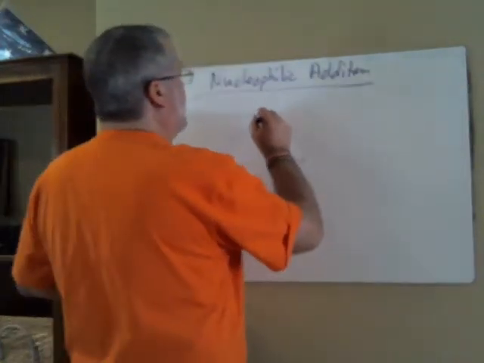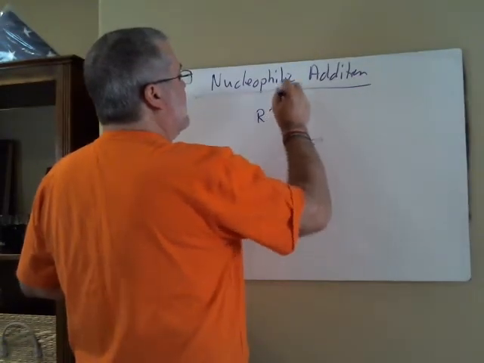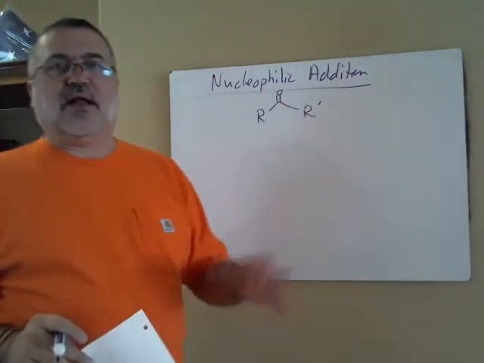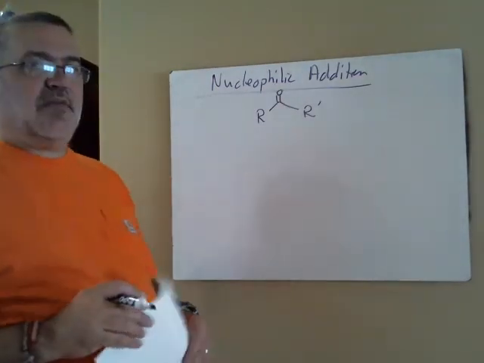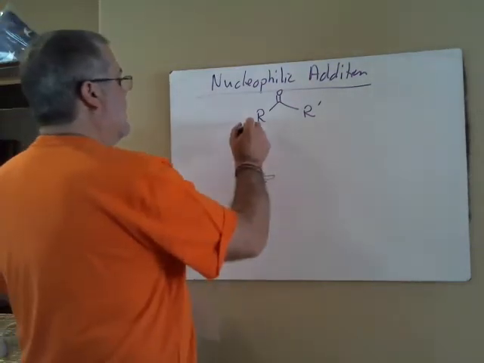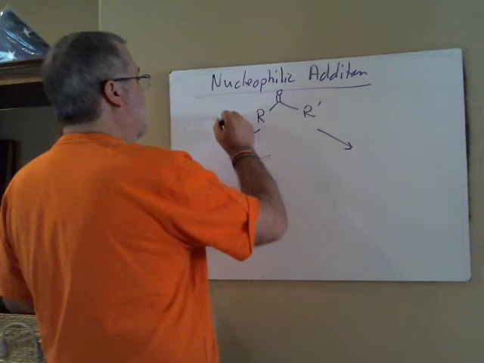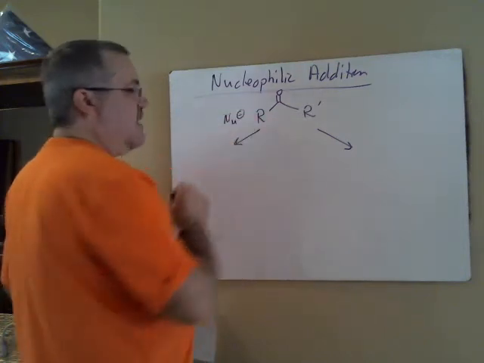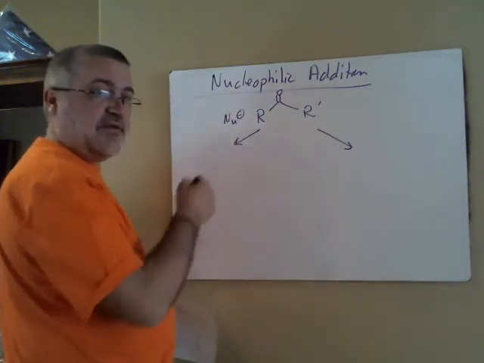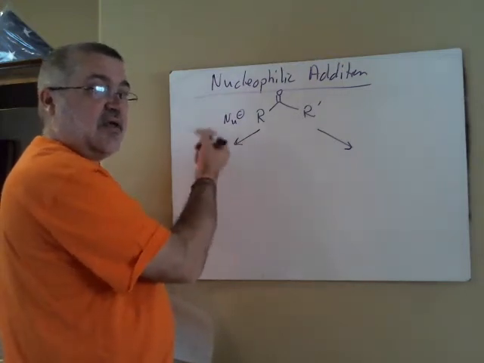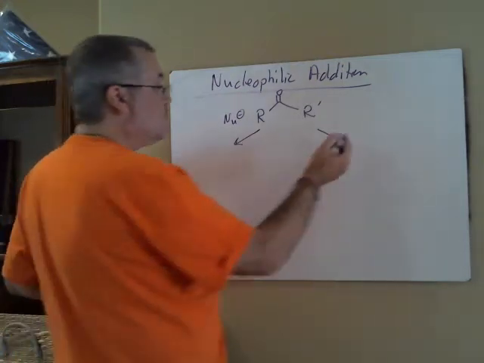So let's start with a carbonyl with two R groups. So we're looking at a ketone. It'd be the same if it were an aldehyde. There are two different conditions of nucleophile we can add. One is a negatively charged nucleophile, which is like we've seen already with the Grignard and the reduction.